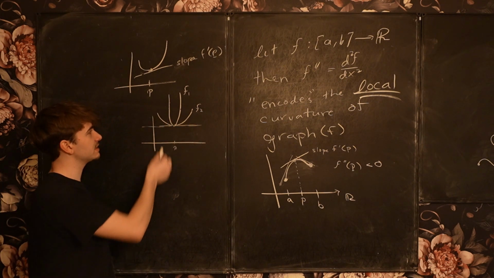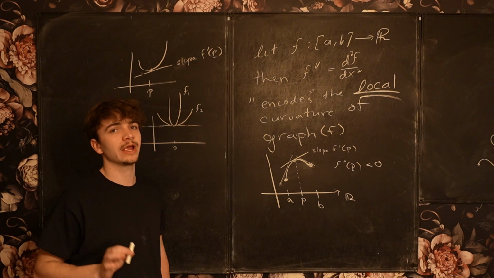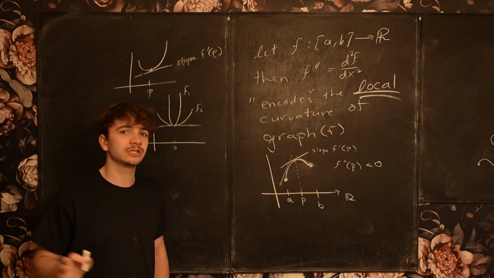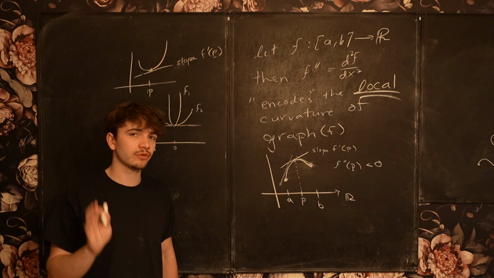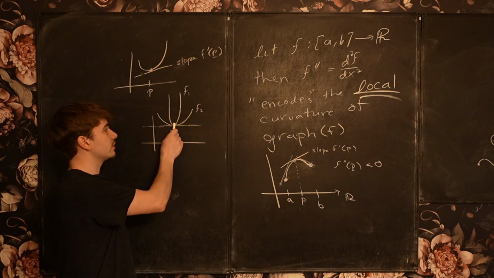You can see that because the tangent lines near P are changing slope at a faster rate. So the rate of change of the first derivative, or the rate of change of the slope of the tangent lines, is greater for F1.